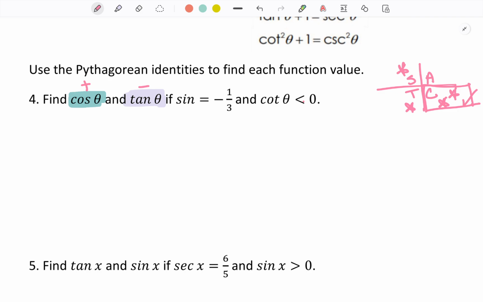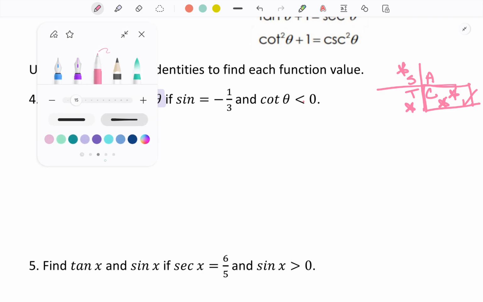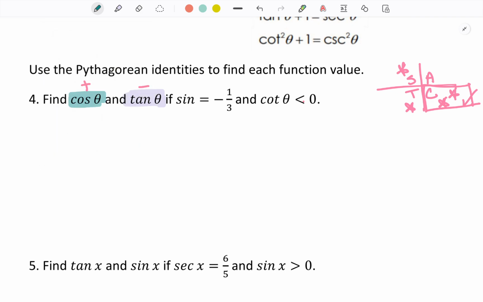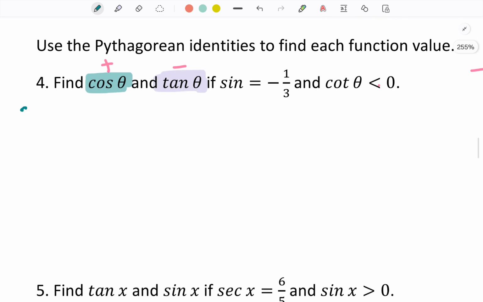So let's go ahead and try to find that cosine value first. I am going to use sine squared plus cosine squared theta equals 1. That's that first Pythagorean identity.